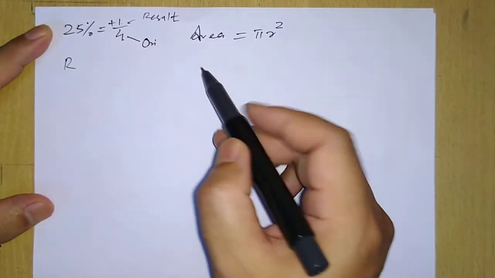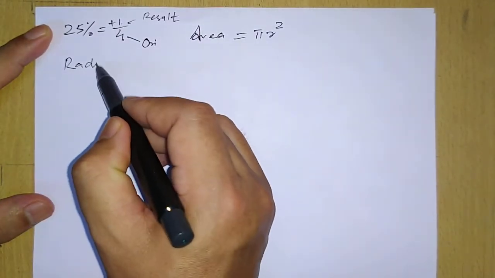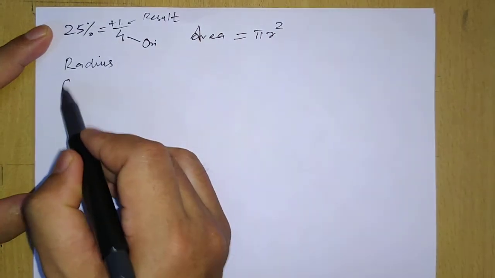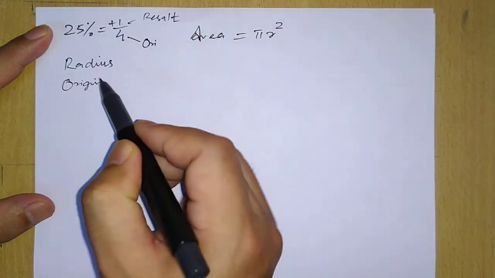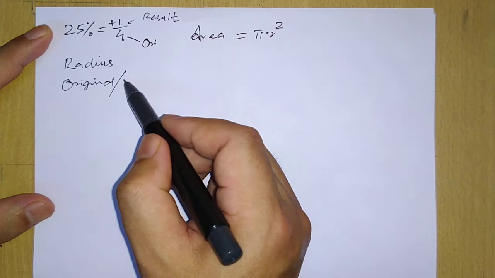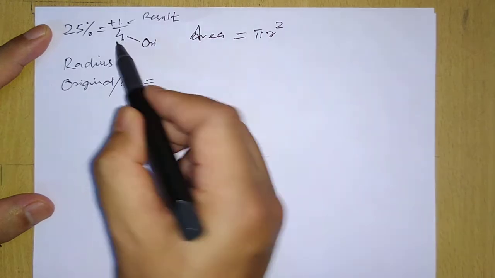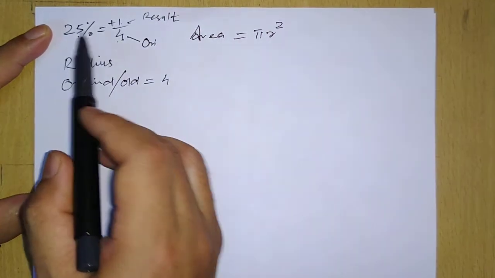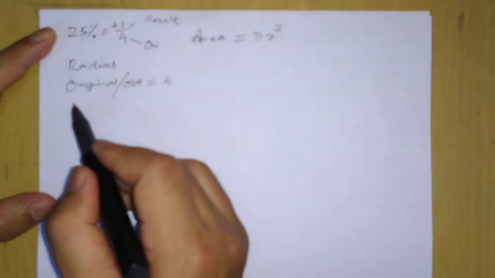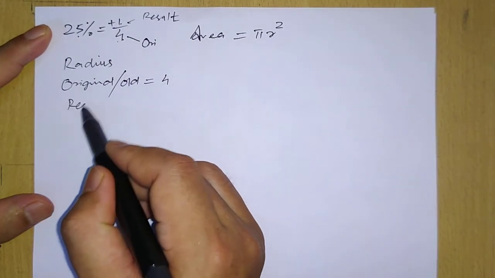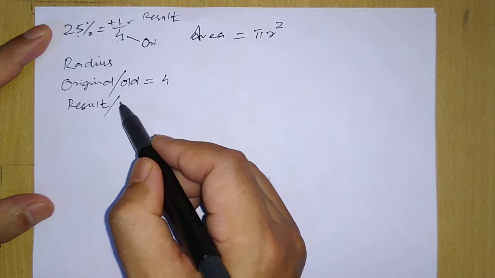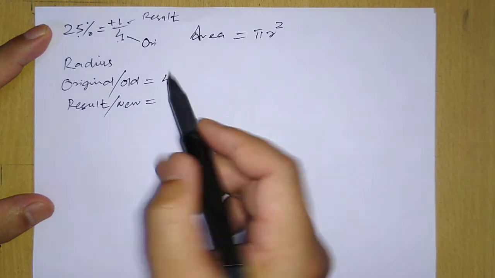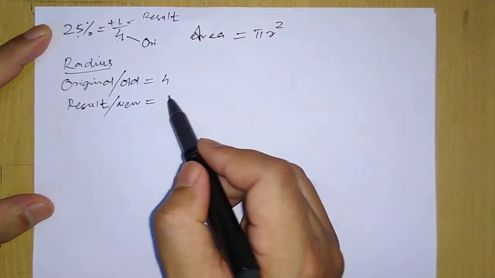So if we see the radius, the original or old is 4, and with a 25% increase, 1 has been added, so the new radius is 4 plus 1, 5.